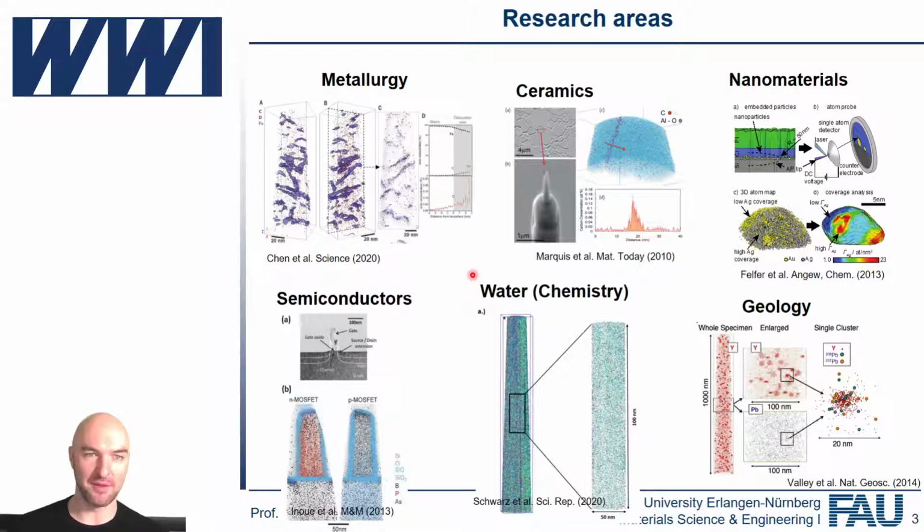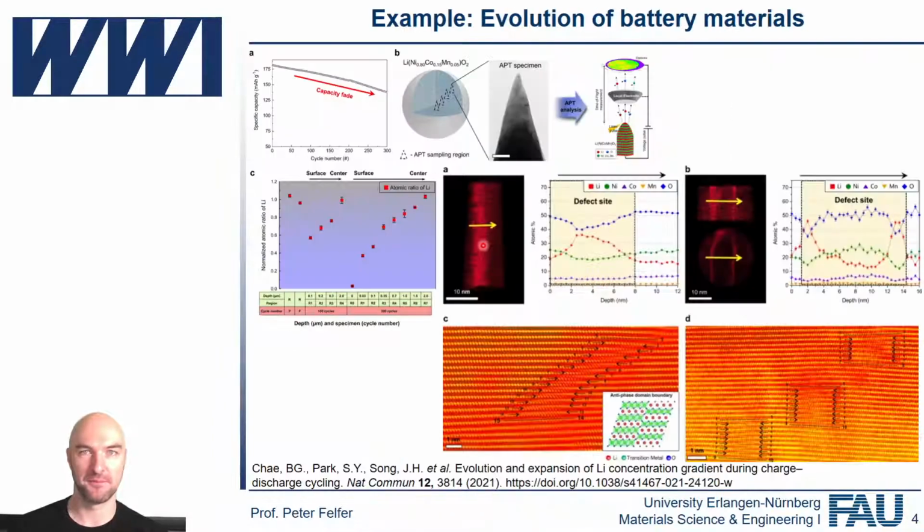I think some of the most exciting things that are happening are in the chemistry and nanomaterials area, obviously, because that's actually bringing microscopy to where microscopy wasn't really possible before. And I think with hydrogen and materials, it's a similar story.